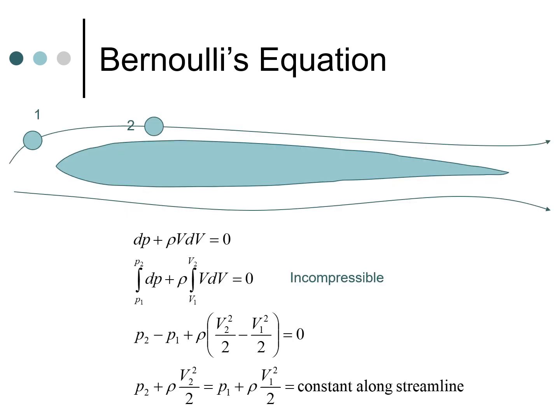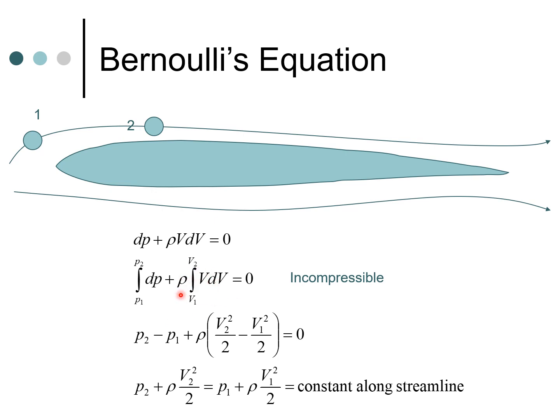density. Now to get Bernoulli's equation, we consider a streamline, and we take 2 points on the streamline, 1 and 2, and we are going to integrate Euler's equation between these 2 points. So if I integrate P1 to P2 and V1 to V2, I can do this integration provided I pull rho out of the integral.